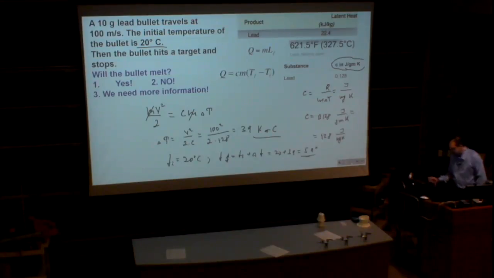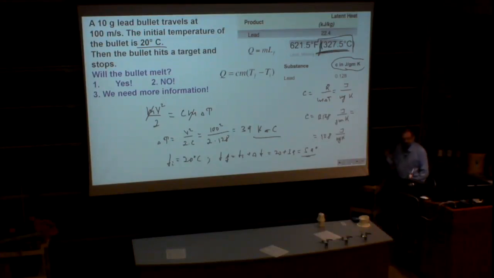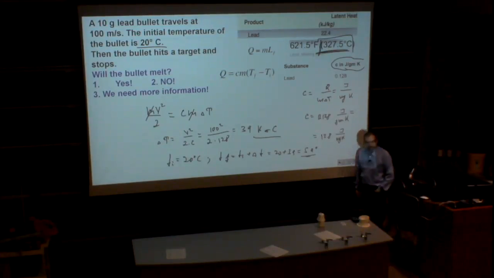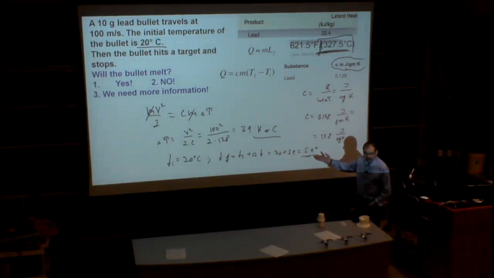Now, is it reasonable? Yes. If we look at the melting temperature of lead, it is 327 degrees Celsius. So, of course, it remains solid, just deformed.